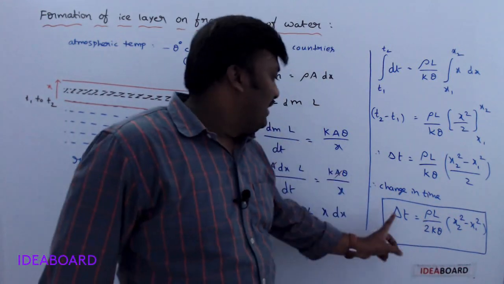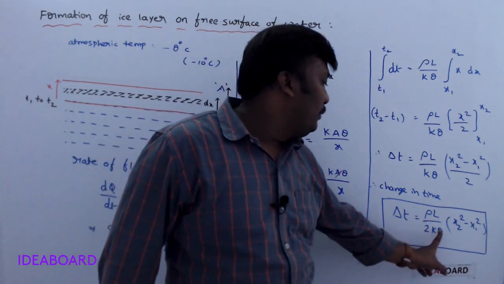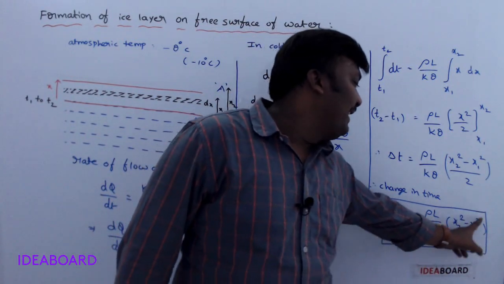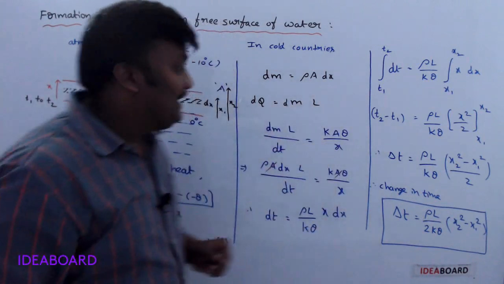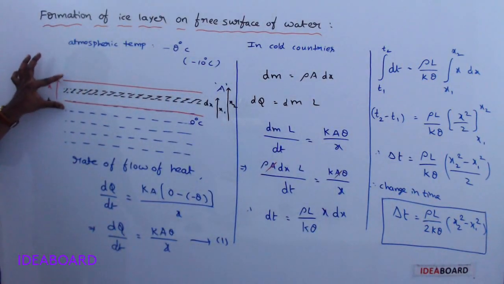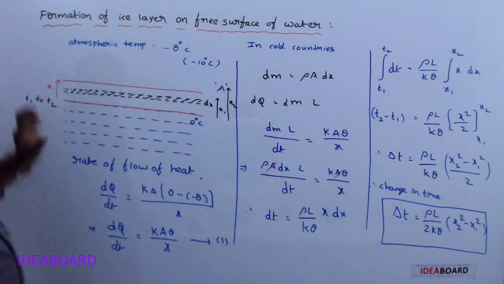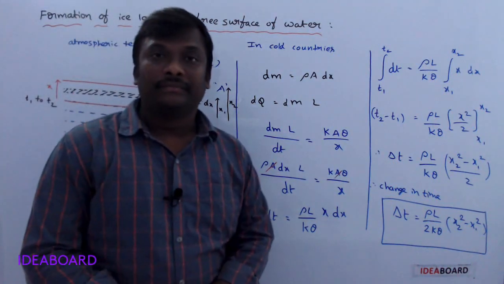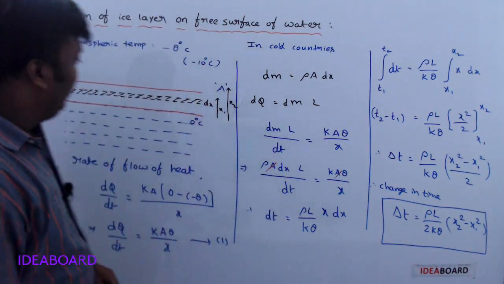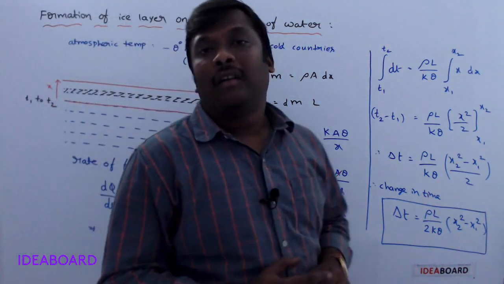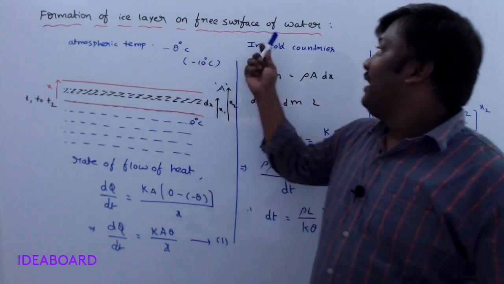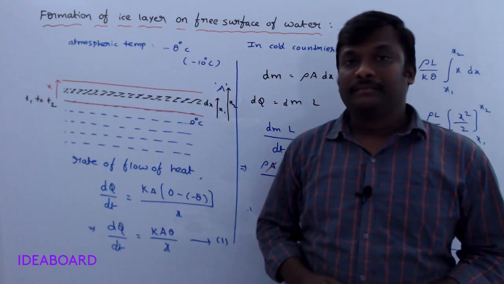Understand now? So delta t value is ρ L by 2Kθ into x2 square minus x1 square. So as long as time increases, the thickness of the ice increases. Clear? This is the formation of an ice layer on the free surface of water.